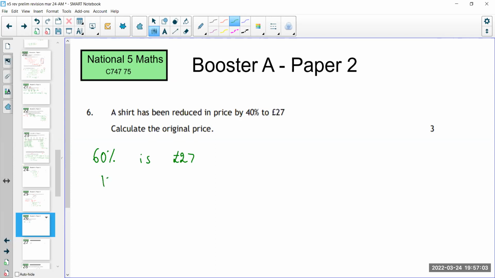So 1% is 27 divided by 60, and 100% is 100 times 27 divided by 60. And if you do that, it should come up with £45. 3 marks.